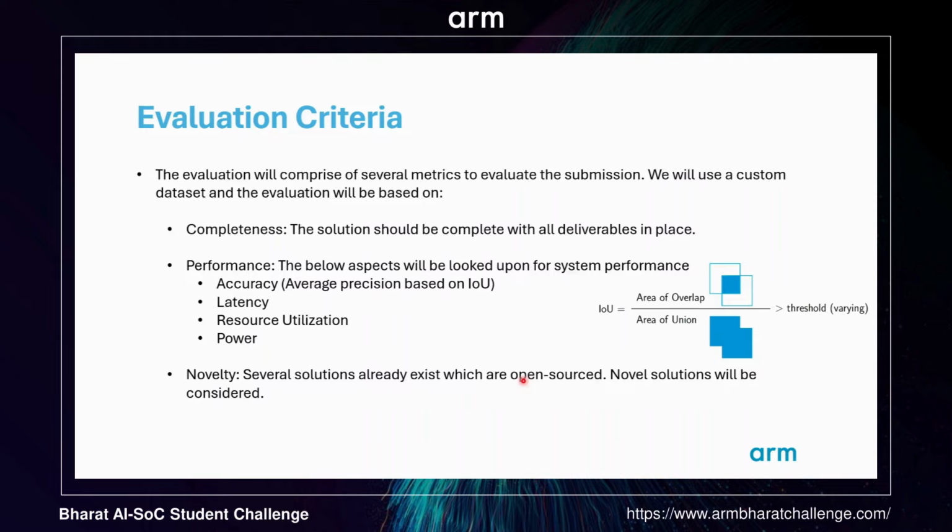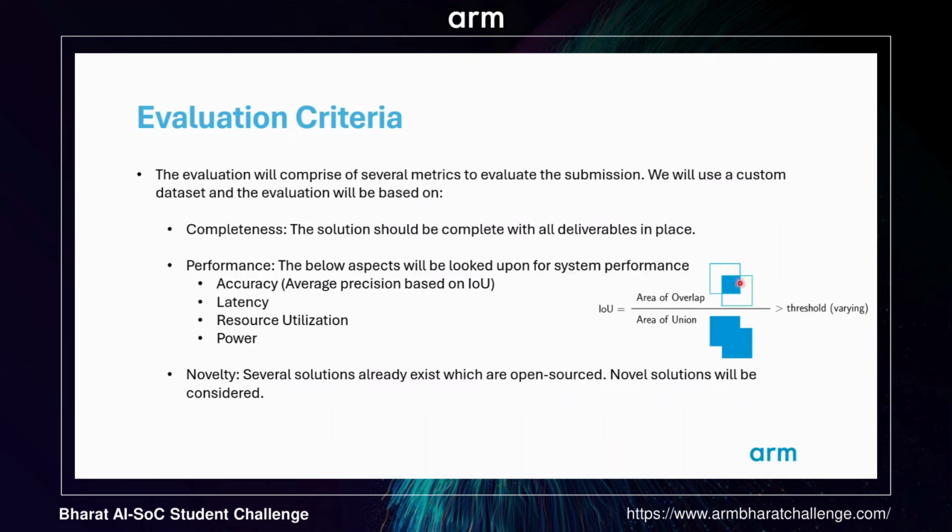The accuracy will be measured in terms of average precision based on intersection over union. IOU is a ratio of area of overlap and the area of union. These are the areas of the detected bounding box and the ground truth.